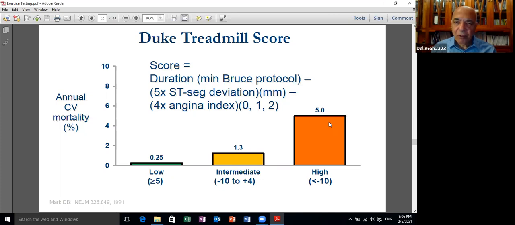So it's a very valuable score and can divide your patients into low, intermediate, and high risk categories. And by this, you can think and procrastinate about the number of visits involved, as I showed you in a previous slide.